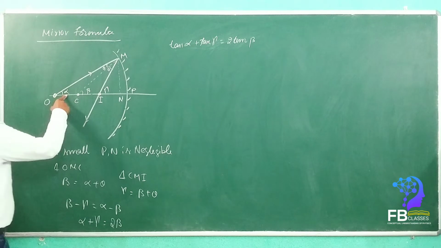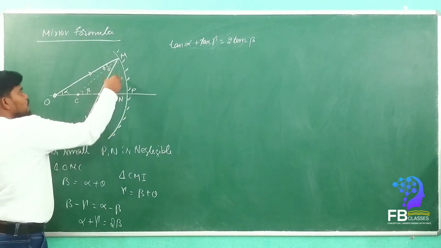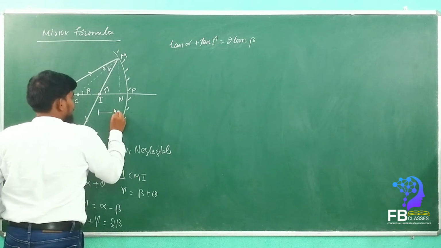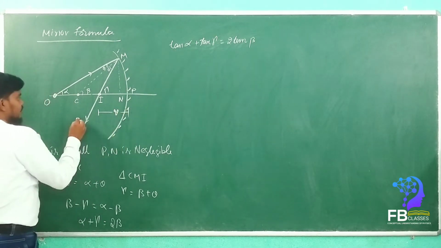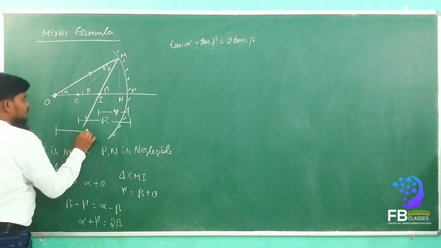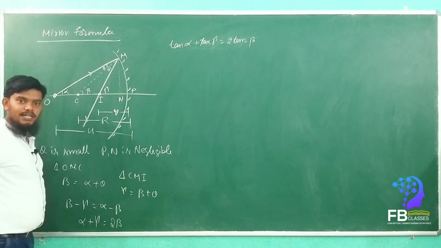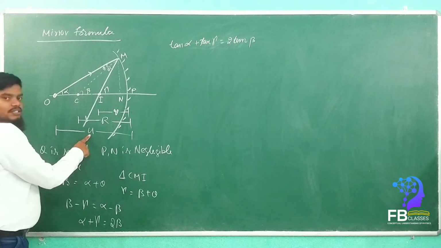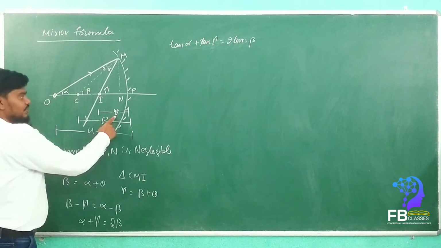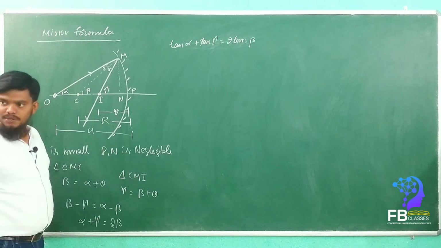See here, tan is equal to opposite upon adjacent. This is V, this is V, right? Yes, sir. And this is R and this is U. We know very well. Object distance, radius of curvature and image. This is the image distance. Yes or no? Yes, sir.